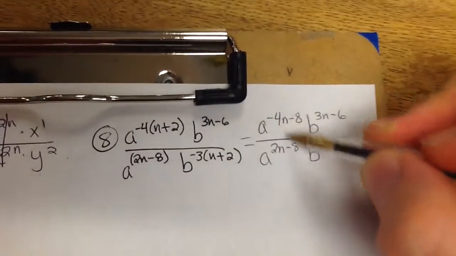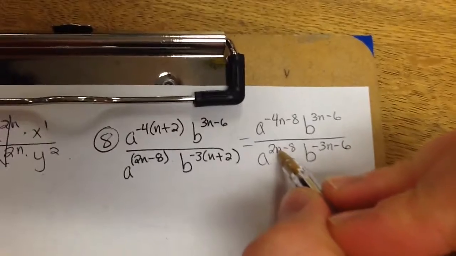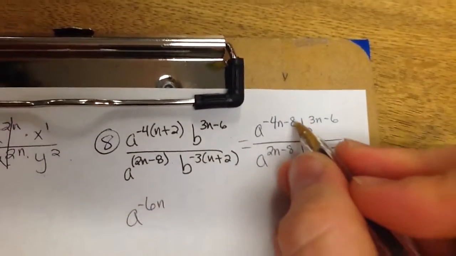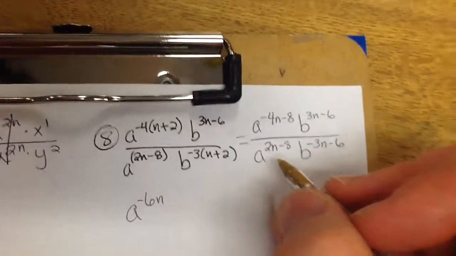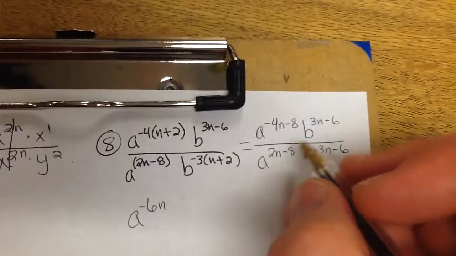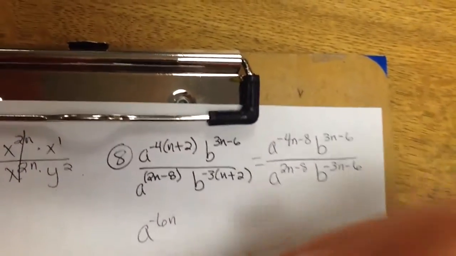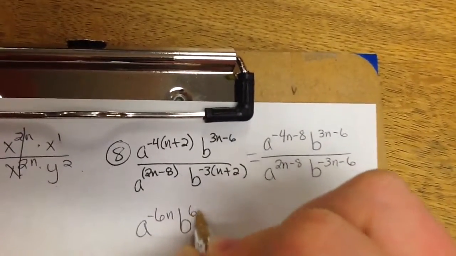Now I'll just subtract my exponents. So this minus this. Well, negative 4 minus 2n is negative 6n. And negative 8 minus negative 8 is 0, because negative 8 minus negative 8 is negative 8 plus 8, which is 0. This one, 3n minus negative 3n is 6n.